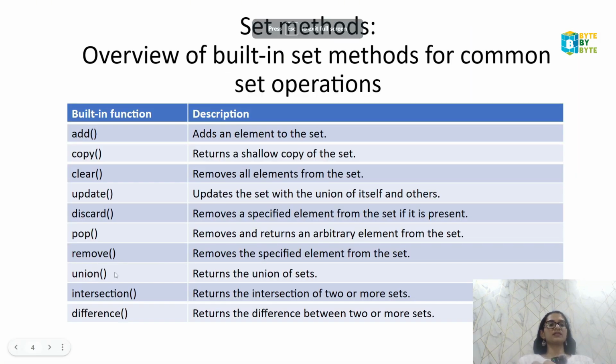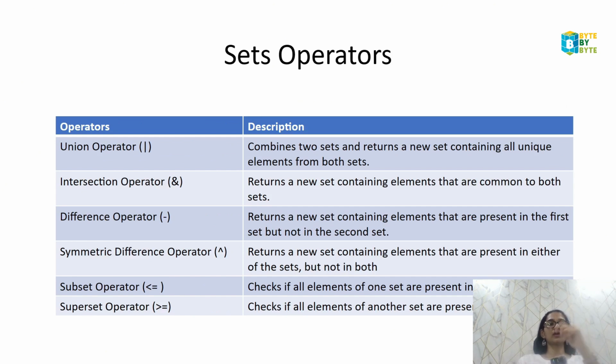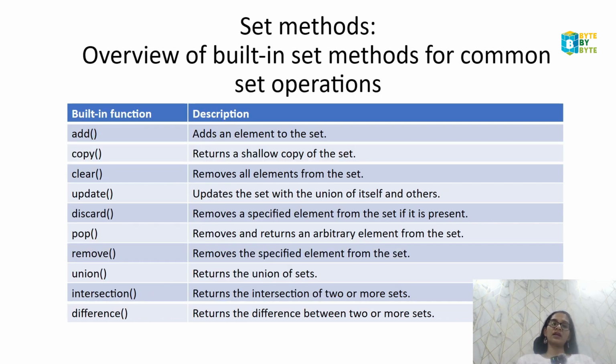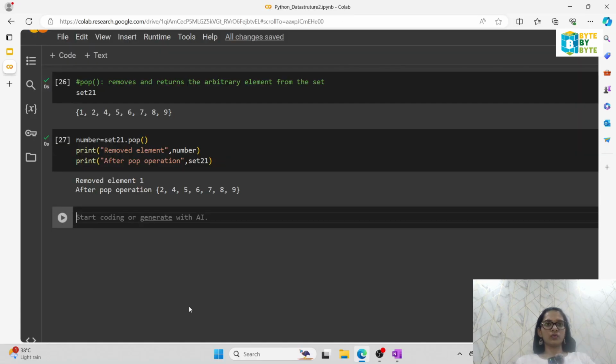The next operations are the ones that we have just seen with operators, that is the union operator, intersection operator, difference, symmetric difference. These all are operators, and they also have their own built-in methods. Union operation has a union method, intersection operation has an intersection method, and the difference operator has a difference method available.